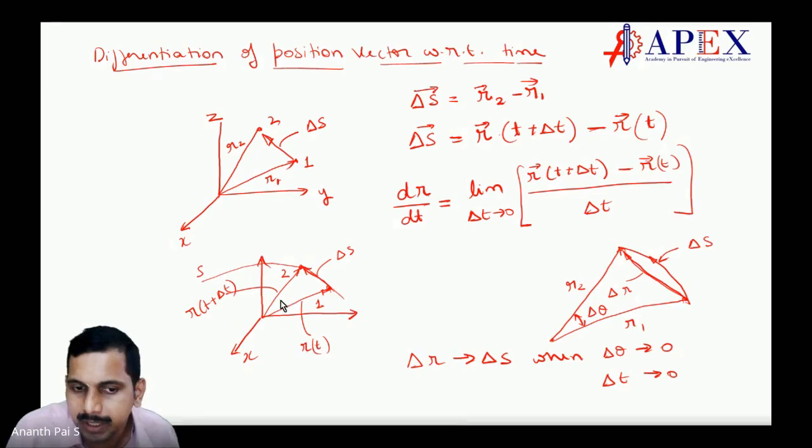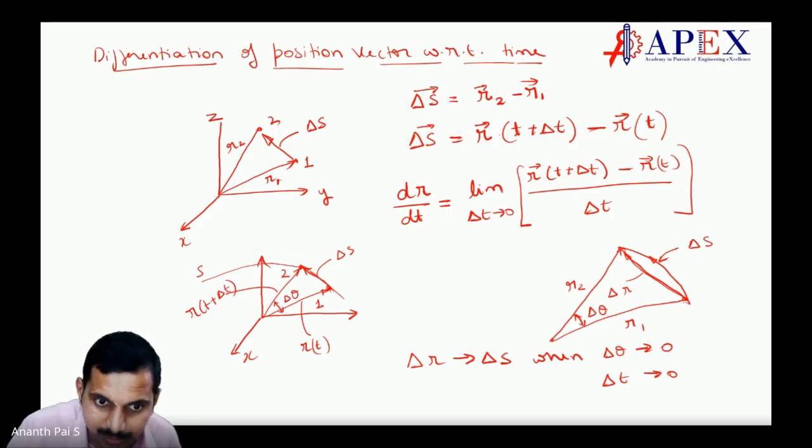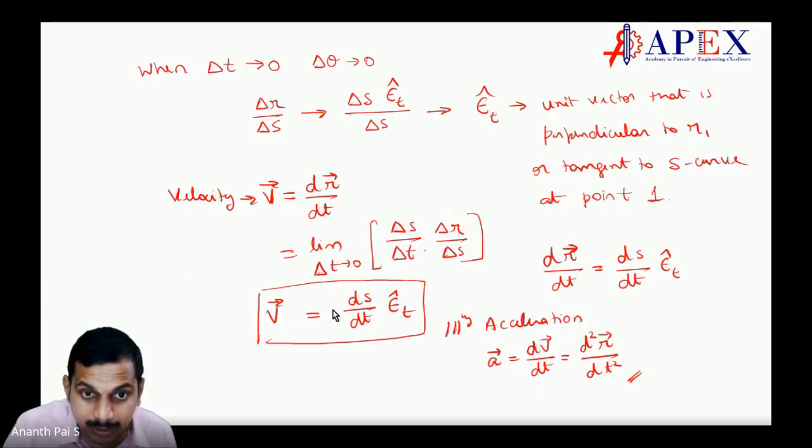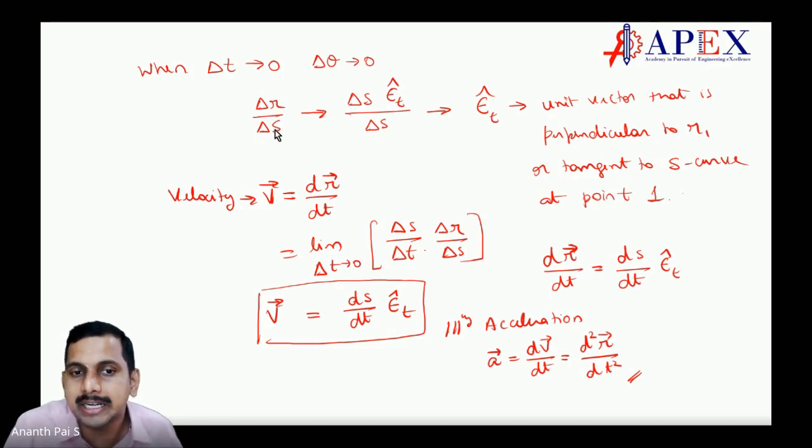So what is happening? This delta theta here. Observe here. If I say this is delta theta tends to 0, so what I am saying here, delta t tends to 0, delta theta tends to 0. And delta r by delta s tends to delta s into epsilon t, that is the tangent, or perpendicular to r1, or tangent to the s curve at point 1.